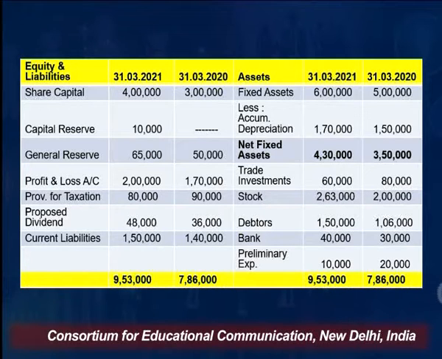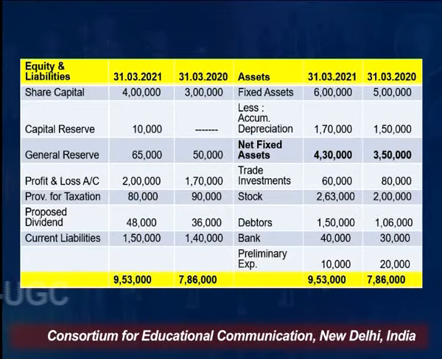If you go with this perception that the first column belongs to the first year and second column belongs to the subsequent year, you may identify it as a downfall, as a reduction in the value of share capital, which is not so. From 3 lakh rupees to 4 lakh rupees there is an increment in your equity share capital, which must have been due to the issue of share capital, that we shall discuss further when I go through the working notes.